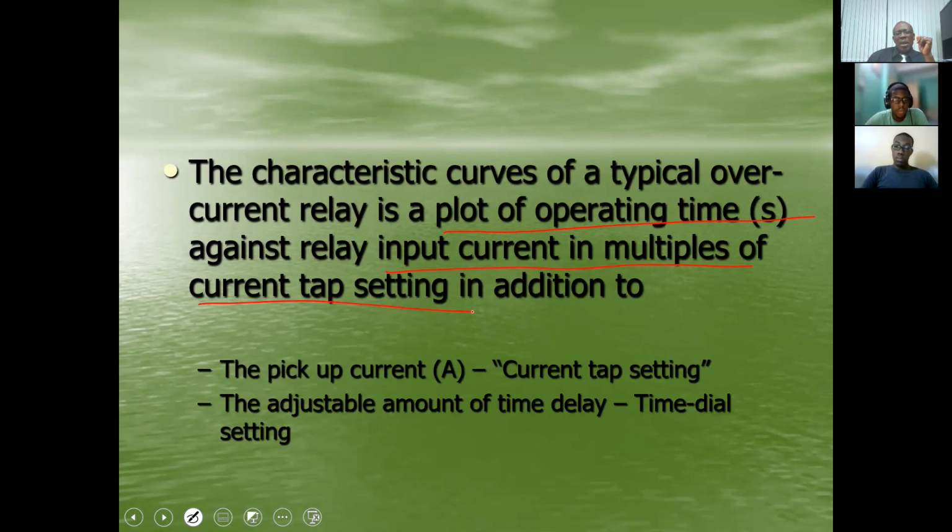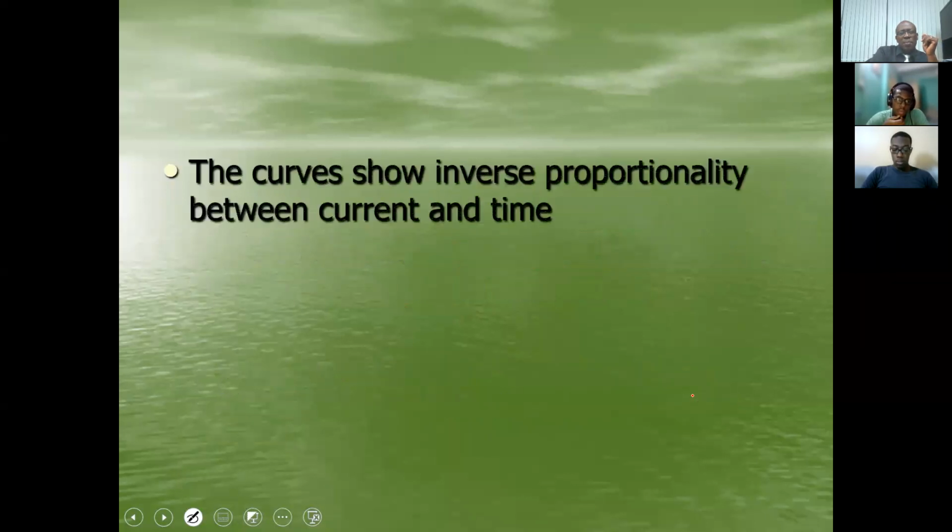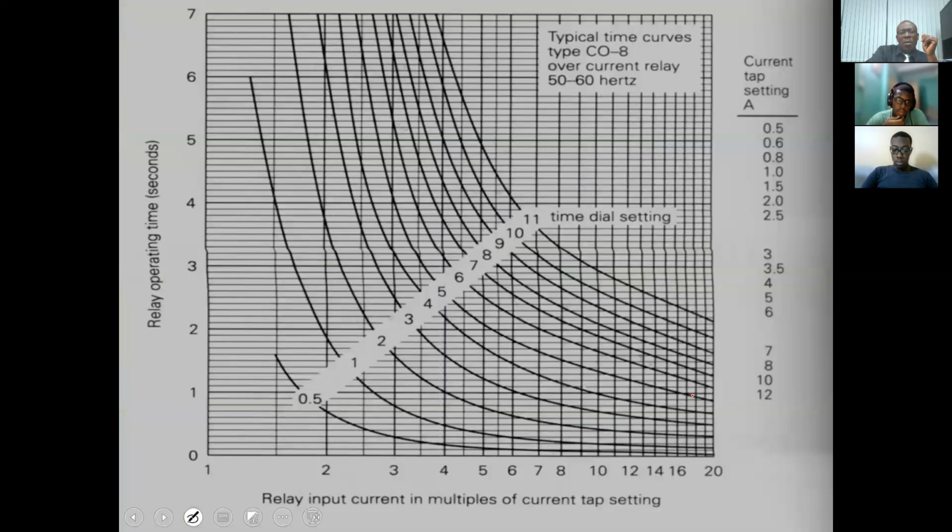Good. And we mentioned the time dial and the tap setting. So the time dial setting, again, remember that dial I showed you on the electromechanical relay. Yes.